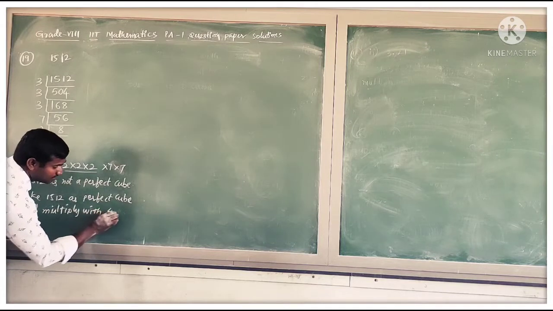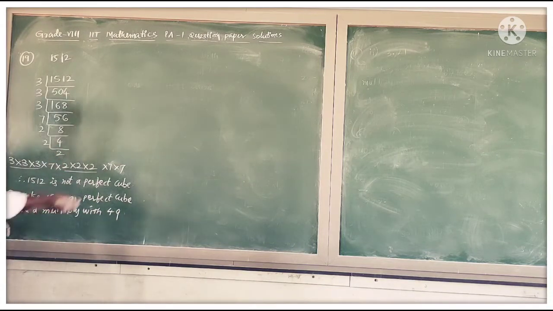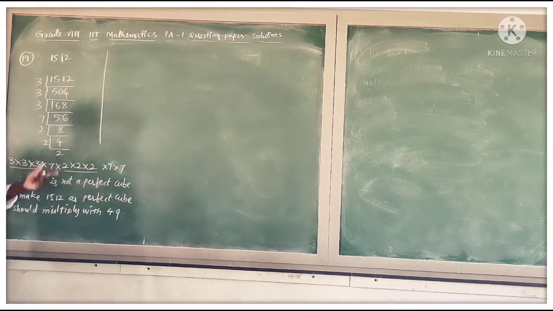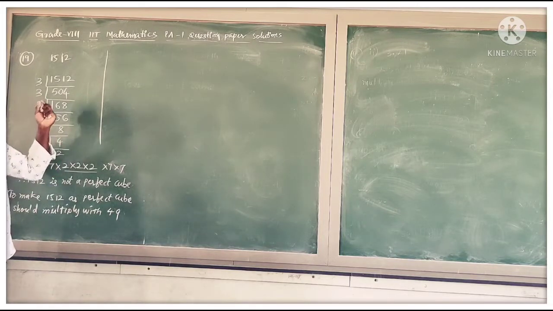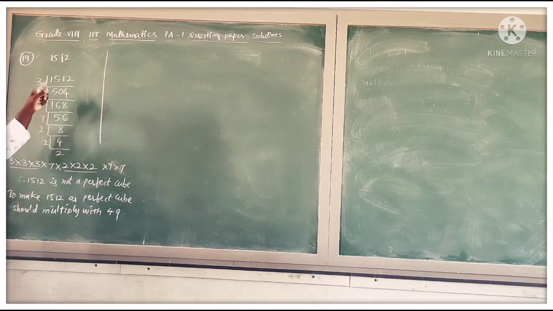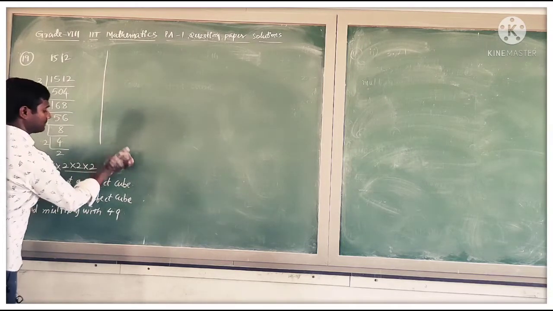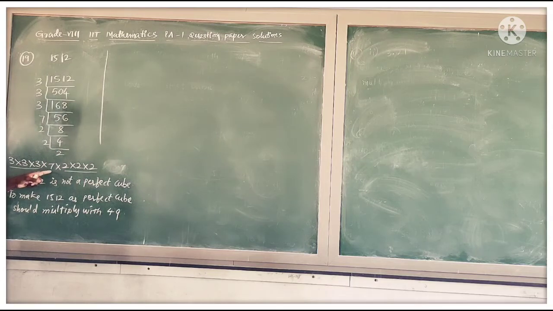Okay, so to make it a perfect cube, by which smallest number do we need to divide? If we divide, it becomes a perfect cube. So this is the prime factorization of this number. Here 7 is alone. The remaining factors are in groups of 3. So if you eliminate 7, that means if you divide this number by 7, the remaining factors are in groups of 3. So we need to divide with 7.